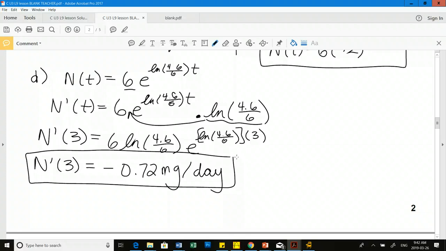So when I say my final answer, I might say something like, therefore, the substance is decaying at a rate of 0.72 milligrams per day, rather than putting that negative in, because I indicated that it's decaying.